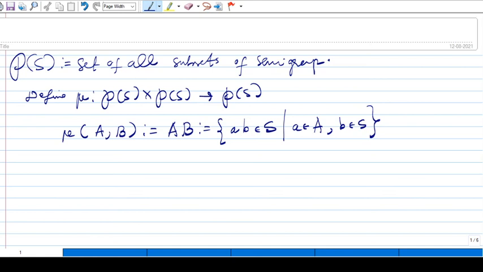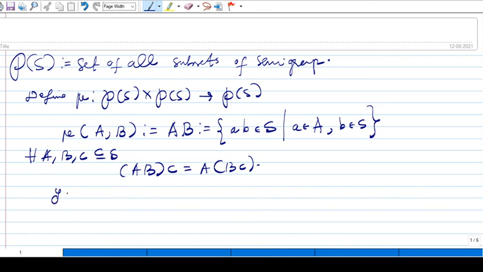This is again a subset of the semigroup, an element of the power set of S. So this is well defined. The associativity can be easily checked. What we have to prove is that for any three subsets of the semigroup, (AB)C equals A(BC). I'll prove the left inclusion; the right inclusion is similar.